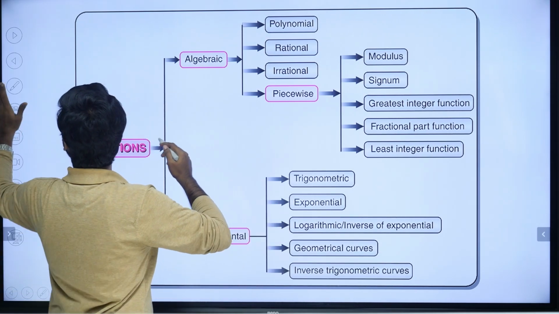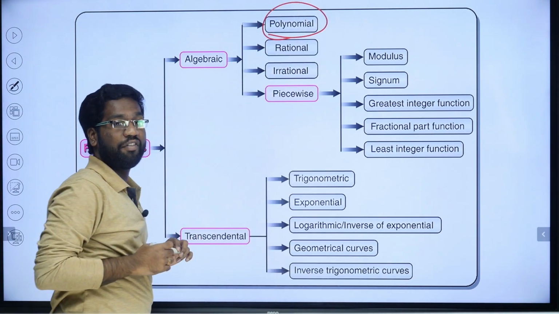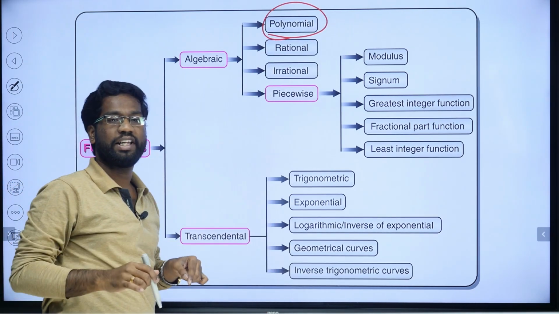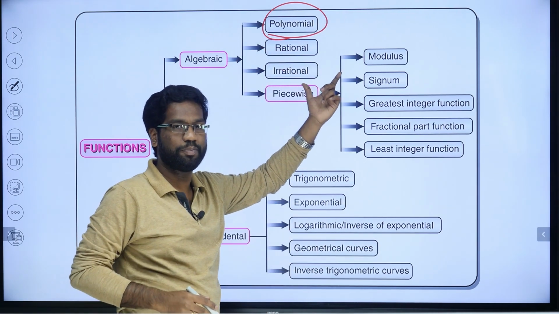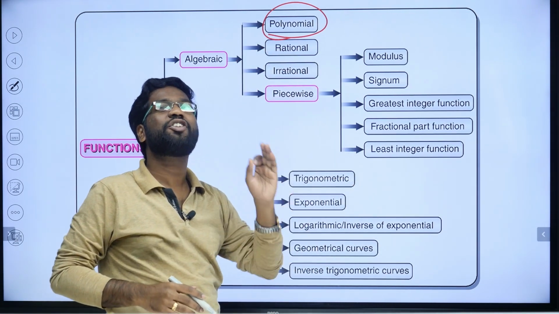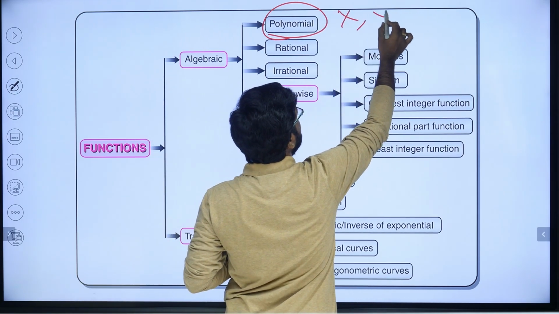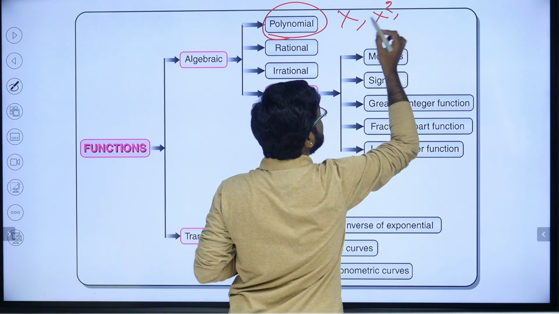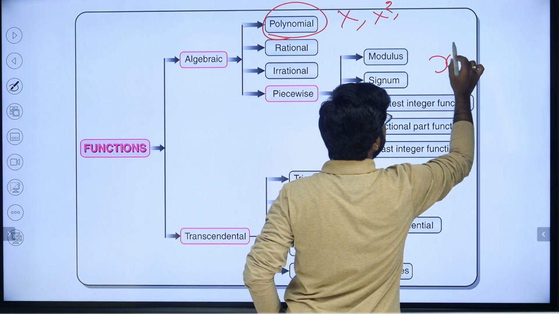Polynomial functions we are covering right now. In today's lecture, we will entirely finish all the polynomial functions by giving the generalized term. Already we have seen the identity function x and the x square function, and in today's video we are going to see x cube.